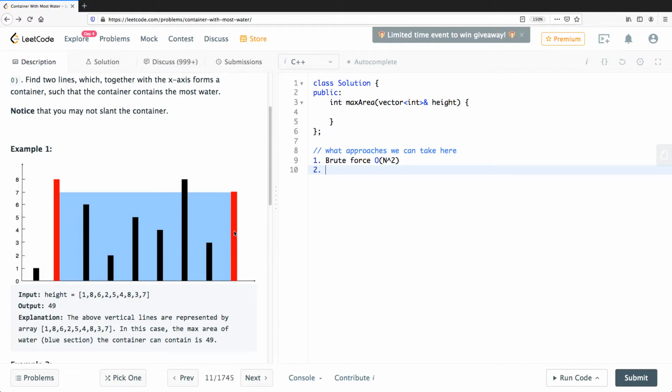As long as the leftmost guy is the minimum, your area is limited by that, because you will be changing the span on the x-axis, but your y will be limited by the minimum element.